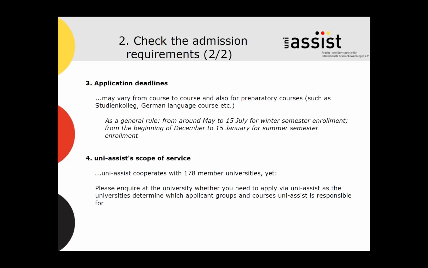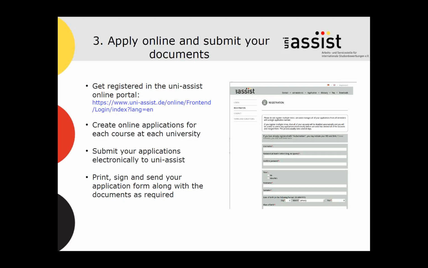Now, Uni-assist cooperates with 178 member universities, yet please inquire at the university whether you need to apply via Uni-assist. The universities determine which applicant groups and courses Uni-assist is responsible for. After you have found out that you have to apply via Uni-assist, please apply online and submit your documents.